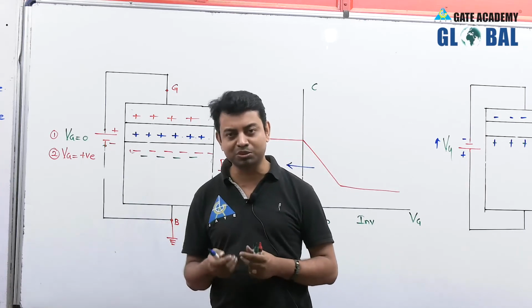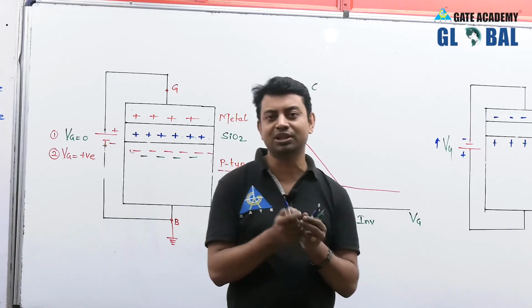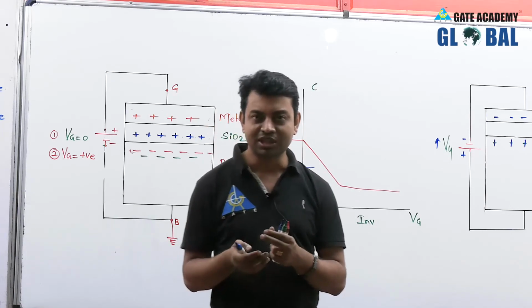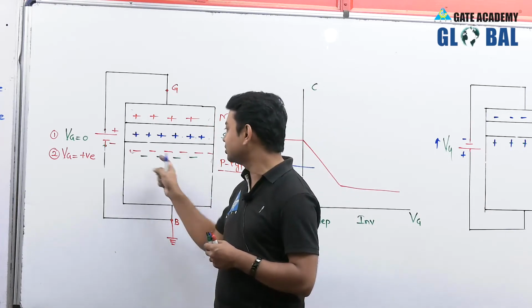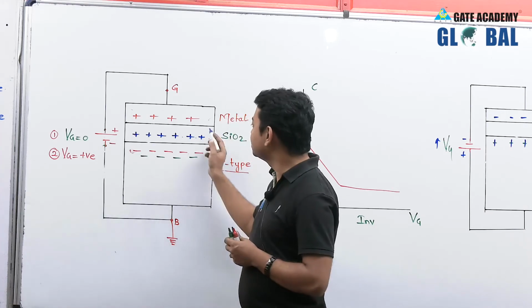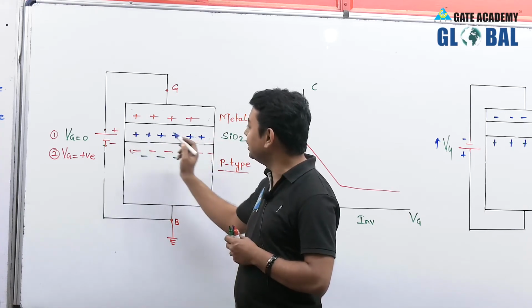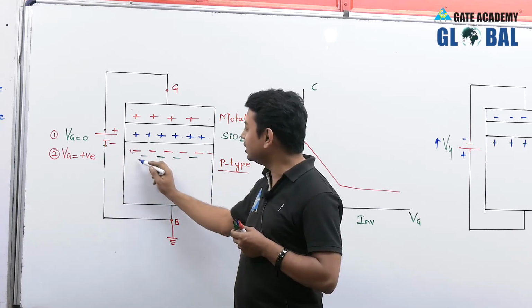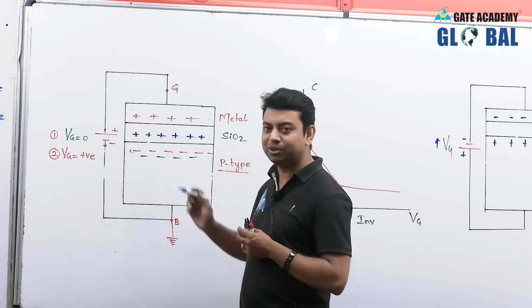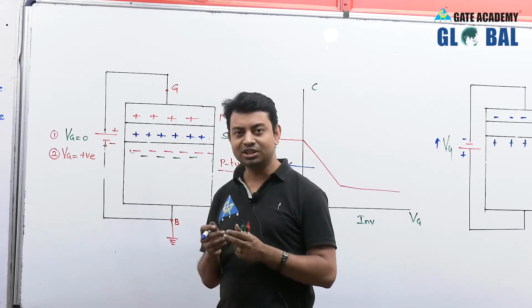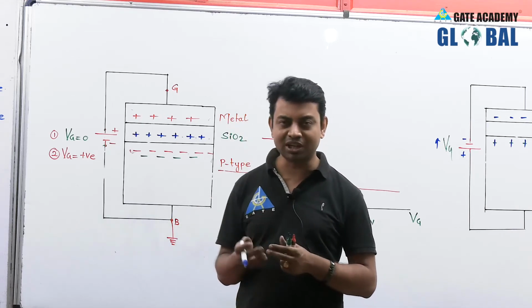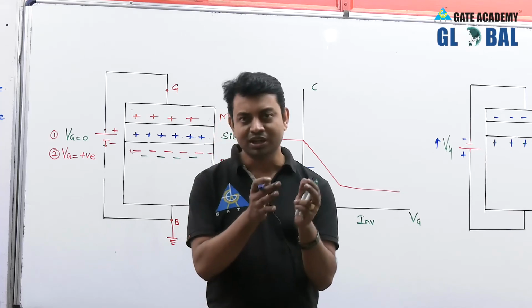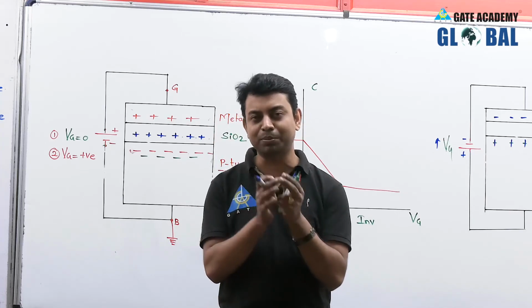Effort reduced means that at a lower threshold voltage, we may have the inversion layer in the semiconductor side. So these positive charges are helping the gate terminal potential to create the negative charges in the semiconductor side. That means the inversion layer has been created at a lower applied potential.